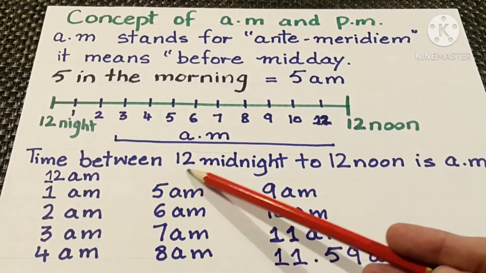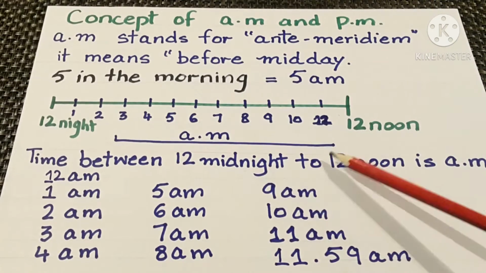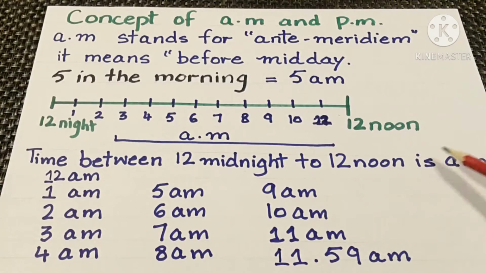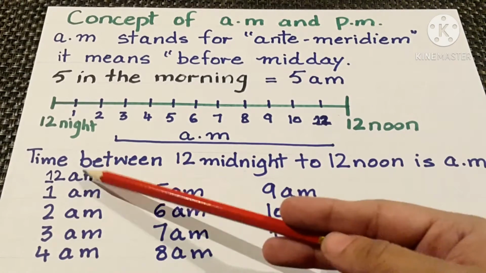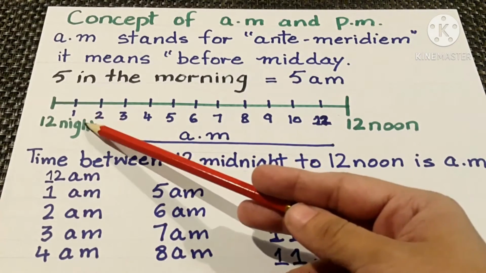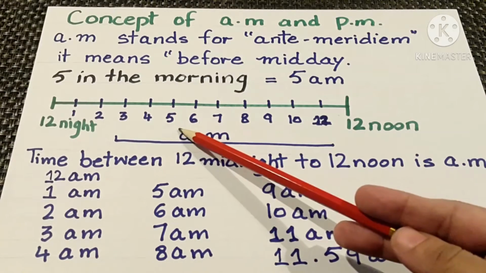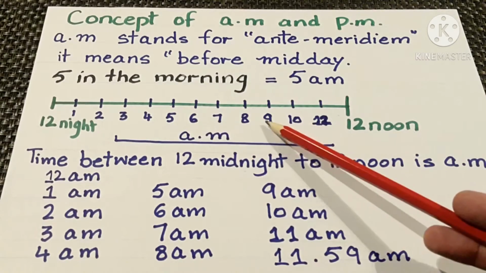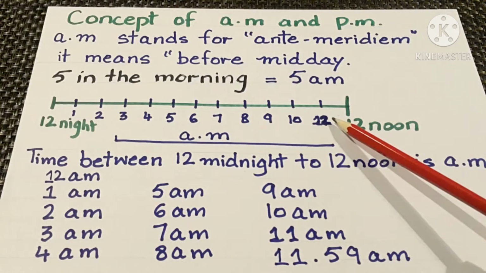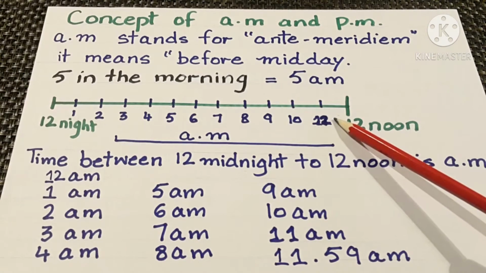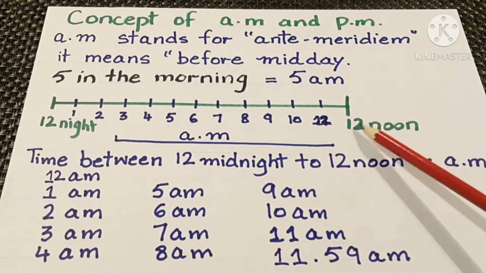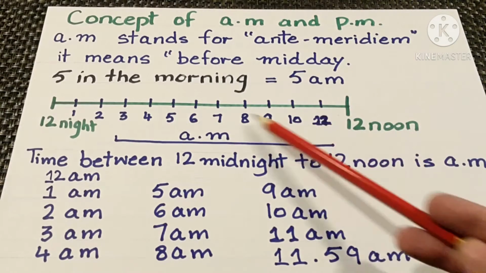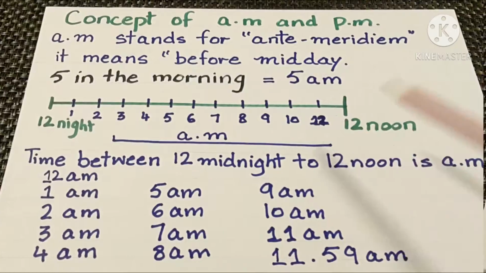Time between 12 midnight to 12 noon is AM. 12 AM, 1 AM, 2, 3, 4, 5 AM, 6 AM, 7 AM and 11:59 is considered as AM. Before 12 noon, the time is AM.